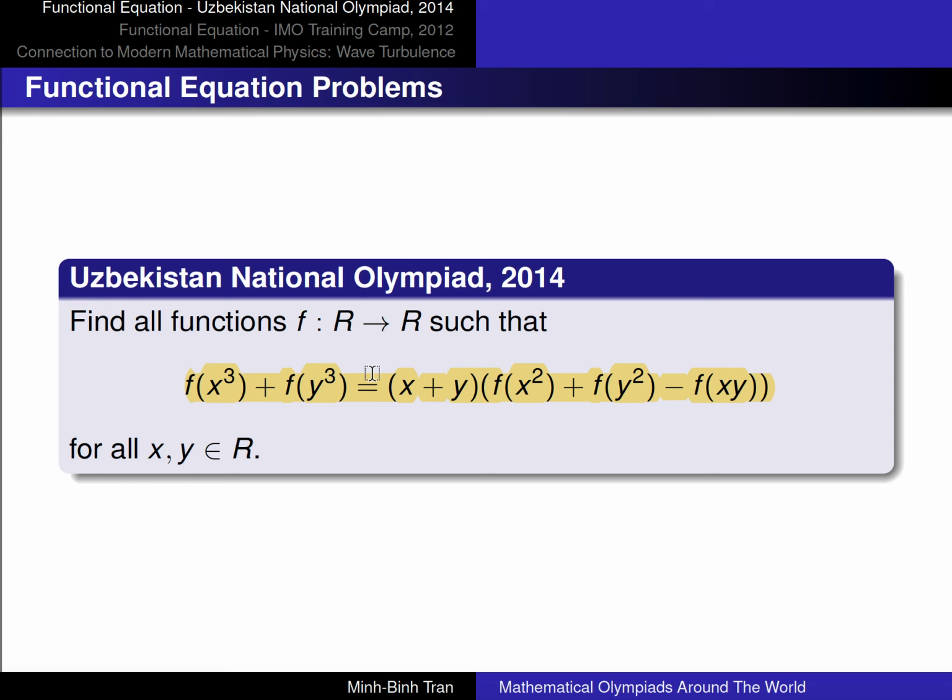You have f of x cubed plus f of y cubed equals x plus y times f of x squared plus f of y squared minus f of the product of x and y. This should be satisfied for x and y in the real line.